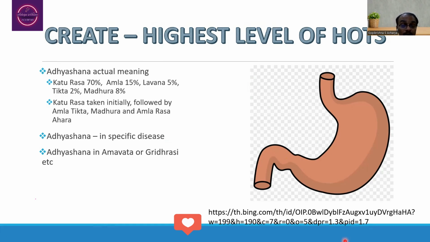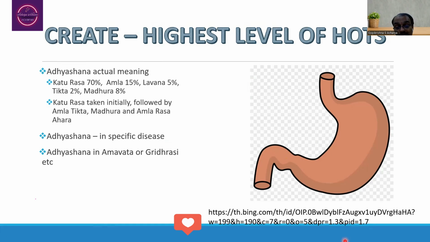For example, the person consumes food with 70% Katu Rasa Sevana, 15% Amla Rasa, 5% Lavana Rasa, 2% Tikta and 8% Madhura Rasa Sevana. On this occasion, the maximum dosha increase could be Pitta.